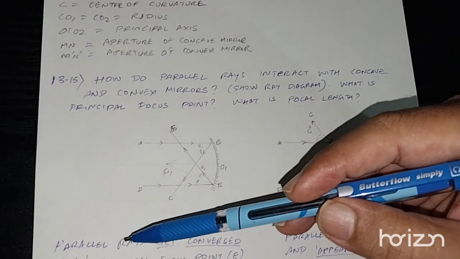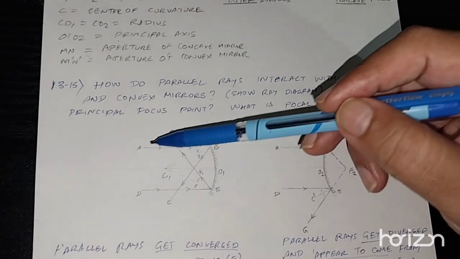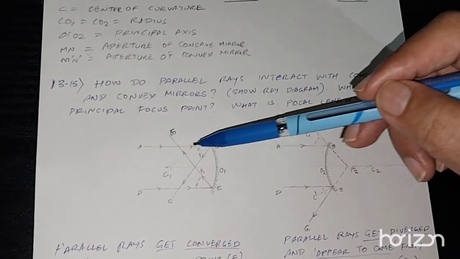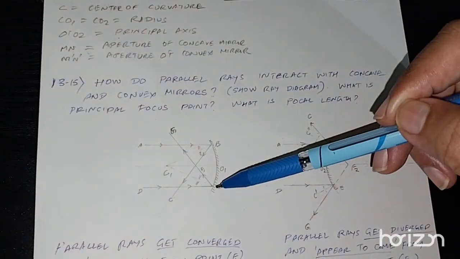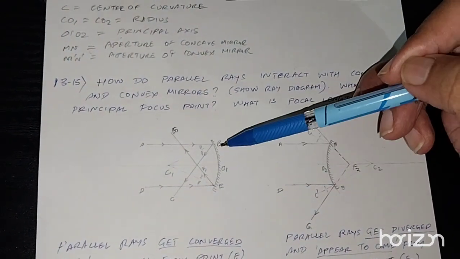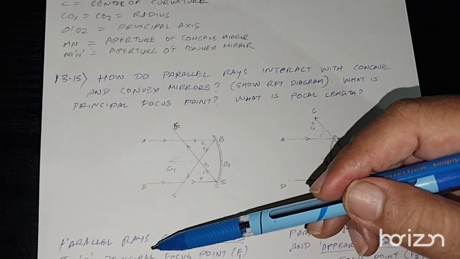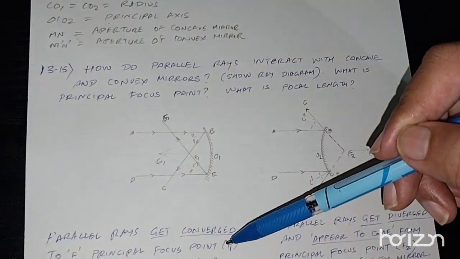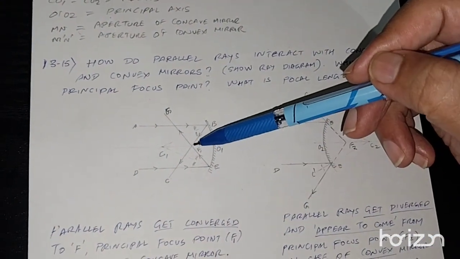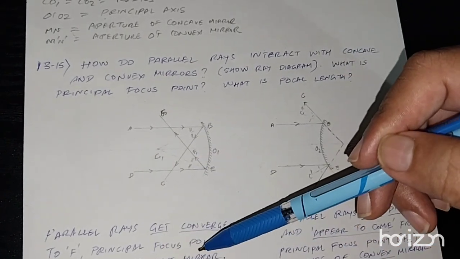So the answer to the question is, parallel rays get converged. You can see the convergence happening. AB and DE are parallel, but once the reflection happens, they both intersect. That is, the reflected rays converge at a point F. That point is called the principal focus point, and it is denoted by F1. This is the point I am pointing out, in the case of the concave mirror.